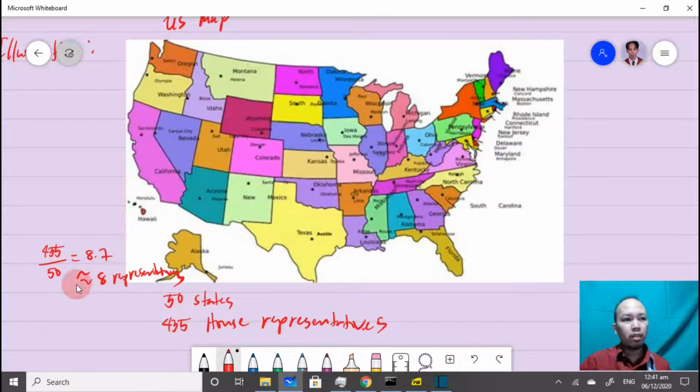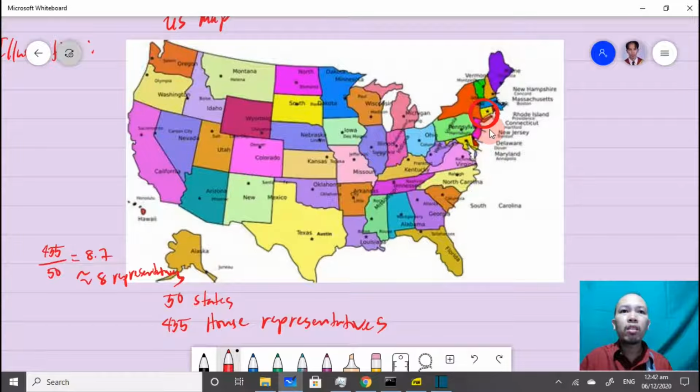As you analyze this scenario, each of these states, Texas, New Mexico, Montana, Florida, and so on, will receive 8 representatives. That would be your first analogy. But remember that Texas is a much bigger state than this one here, which I think is Connecticut.